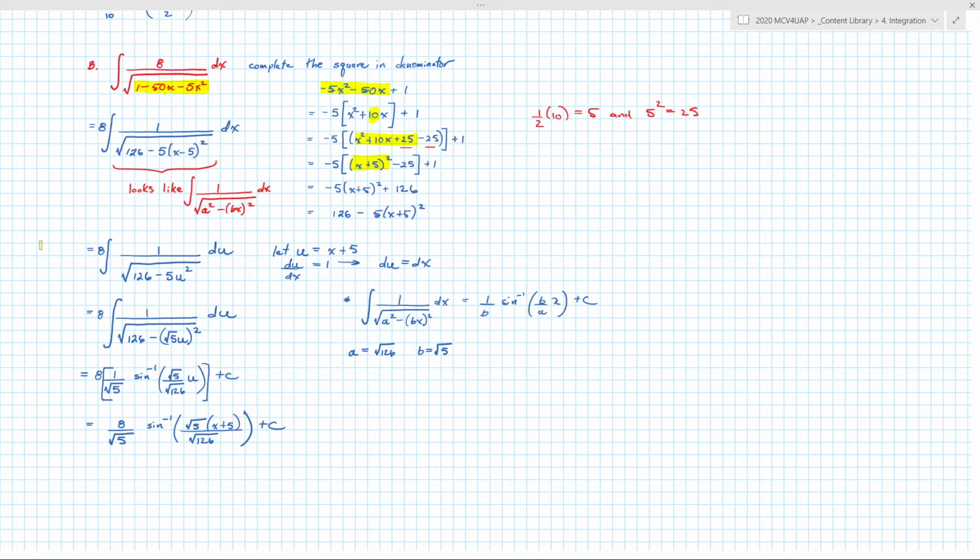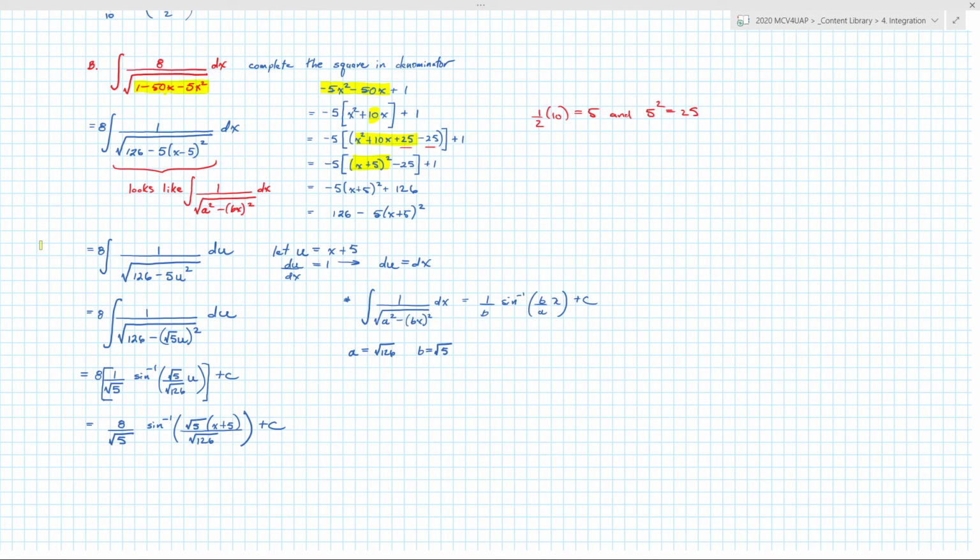And while it doesn't look exactly like the integral I wrote there, you can see that now our integral has the same form. It looks like the integral of 1 over root of a squared minus bx squared. Okay, we can use the formula there. But first, I need to do a little substitution.